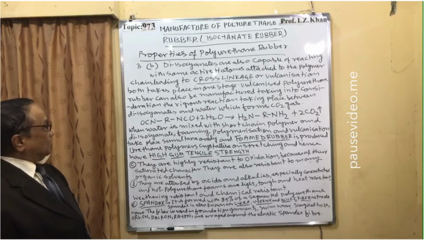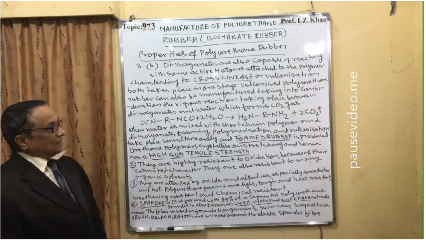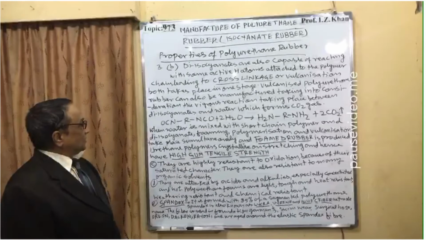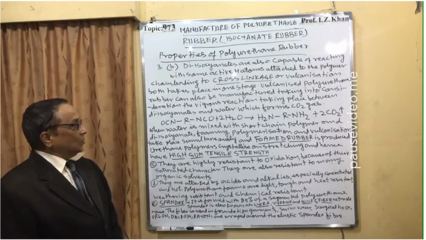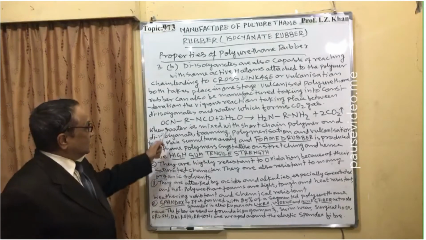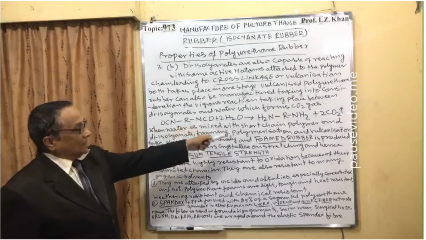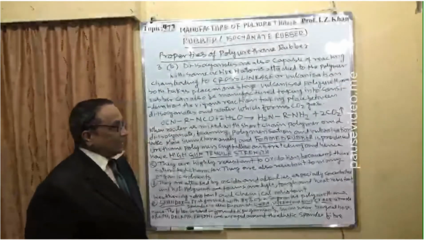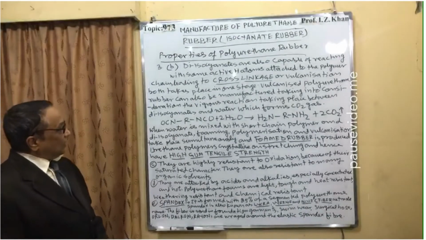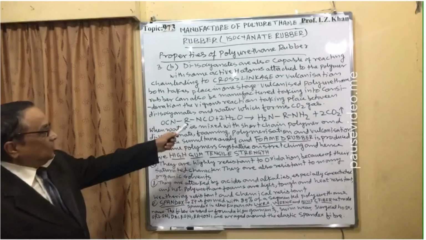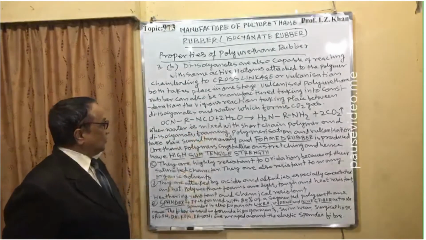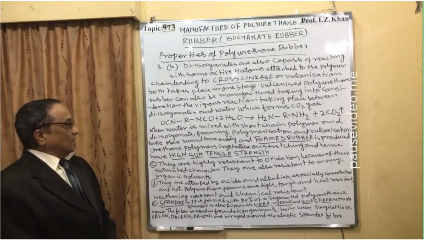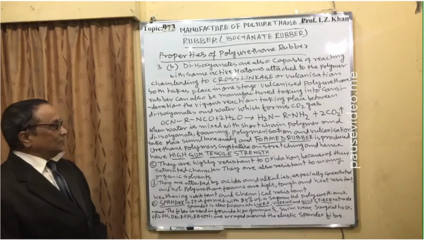Vulcanized polyurethane rubber can also be manufactured taking into consideration the vigorous reaction between di-isocyanate and water, which forms carbon dioxide gas. When water is mixed with short chain polymer and di-isocyanate, foaming, polymerization and vulcanization take place.